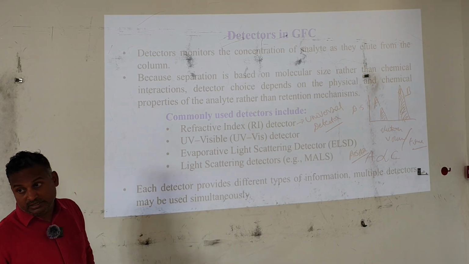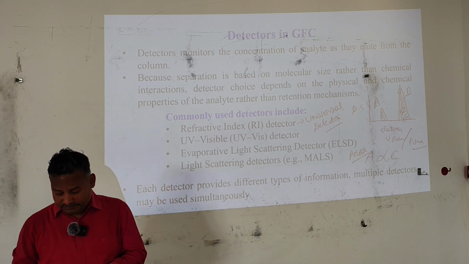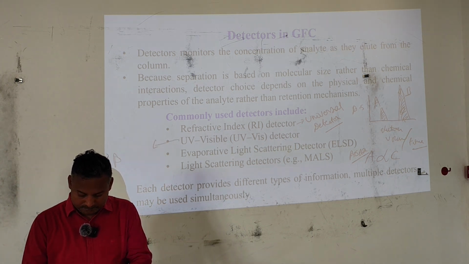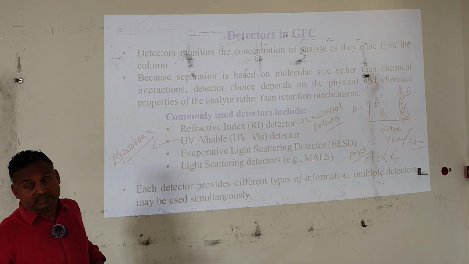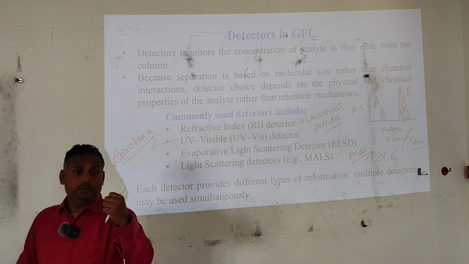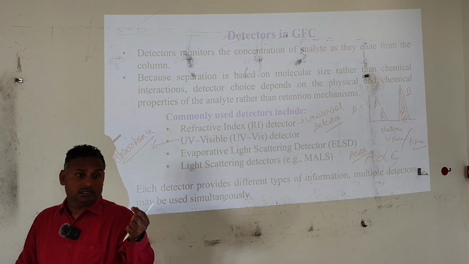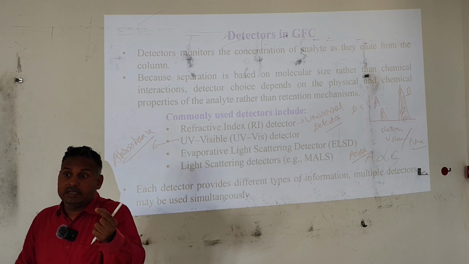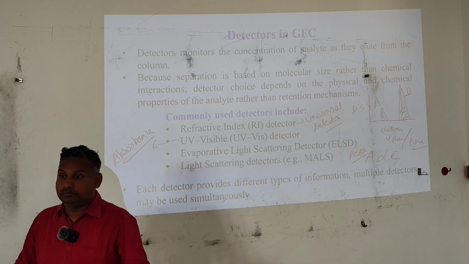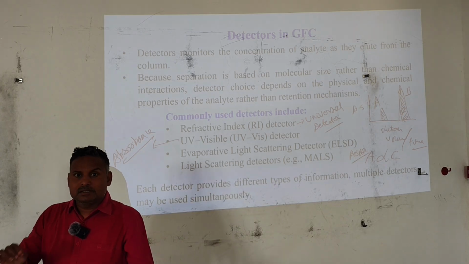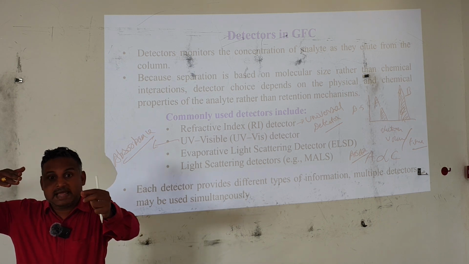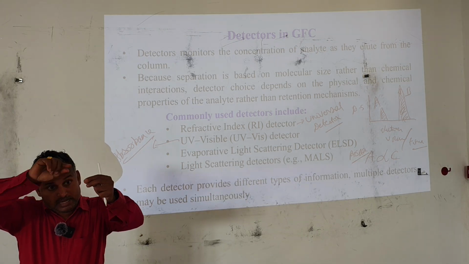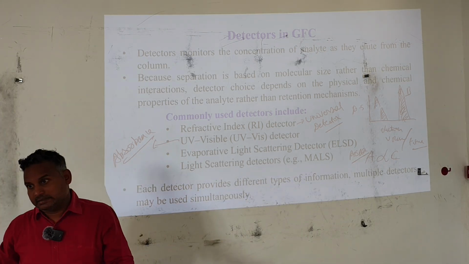UV visible detector. This will measure absorbance. Evaporative light scattering detector. In this case, we will convert the column stream into aerosol. Aerosol means small particles. Then we focus the laser beam on them, and the laser beam will be scattered.